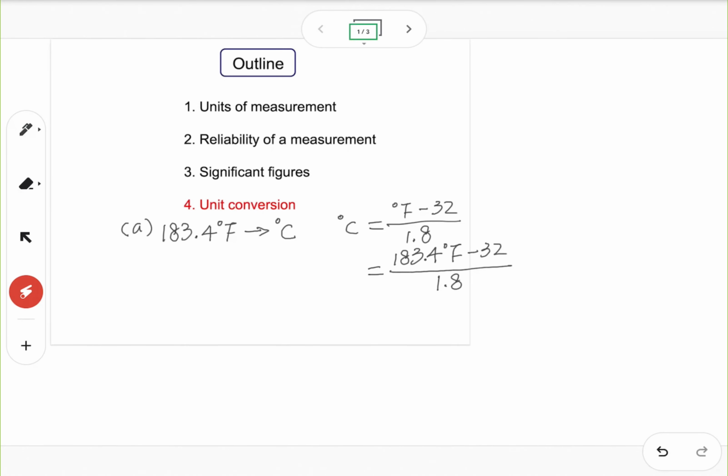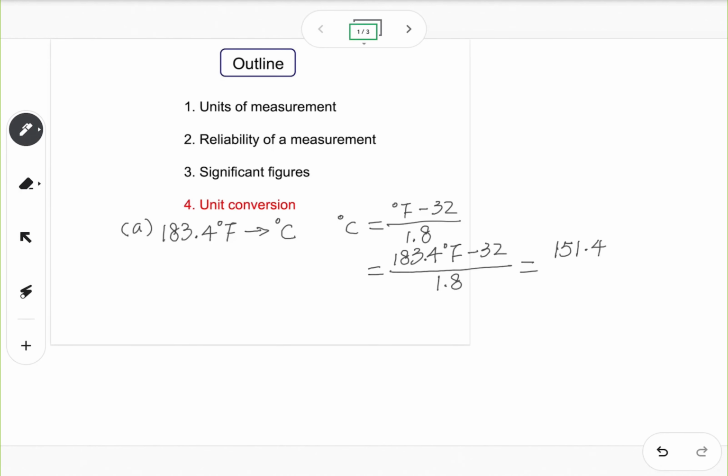But in chemistry, when you do calculations involving constants, you ignore the significant figures or decimal places of those constants. In other words, for the subtraction, since 32 is a constant, we should ignore its decimal place. So the intermediate answer for the top part is 151.4.